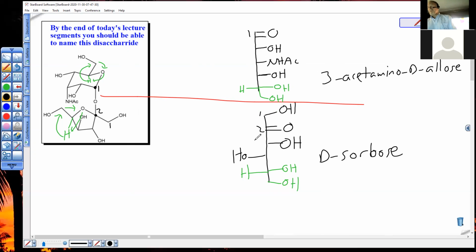And so when you're naming it, you've got to have a 1, that's alpha or beta. O down, CH2OH up. Beta on 1 is connected to the other anomeric position where this is up. Did I say beta is what?